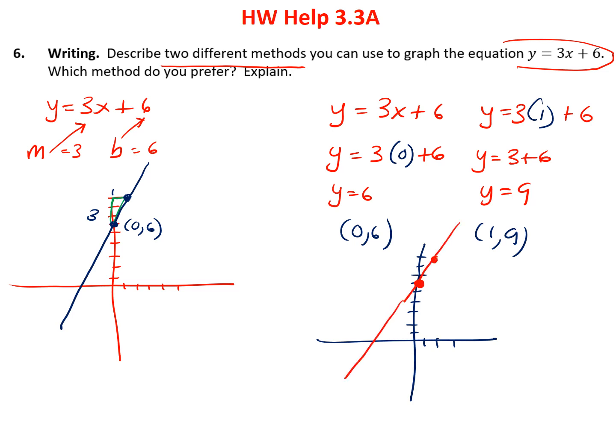And there I get the same graph as before. So the two methods are, one, use the y-intercept to find a starting point, then use the slope to go up and over to find the next point. Or just start plugging in values like 0, 1, 2, or minus 1, minus 2, and find two different points that way. And that's a second way you could graph this.